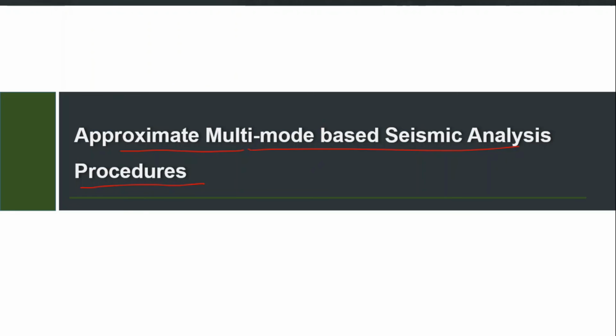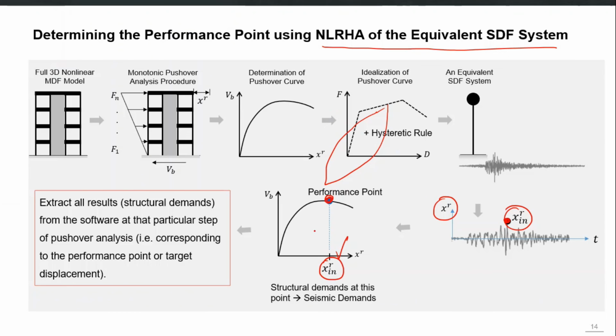But that number can be anywhere on the pushover curve, obviously, because what you will be calculating is the peak inelastic roof displacement in each case. So corresponding to that, you can pick the base shear, and actually in the analysis program you just have to provide this displacement because, for example, let's say that you perform the analysis up till 50 inches with each increment of 1 inch, right?